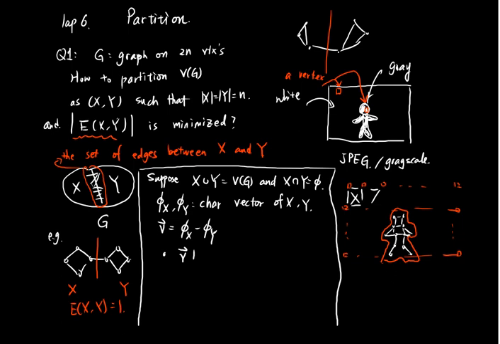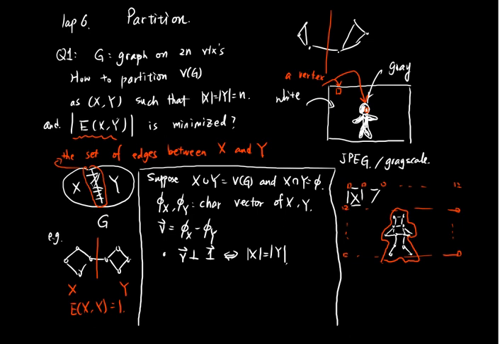V is orthogonal to 1 if and only if the partition is balanced. Right? Because V inner product with 1 is just equal to the sum of all entries of V. And on V, there are only 1 and minus 1.